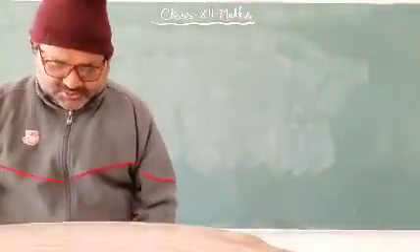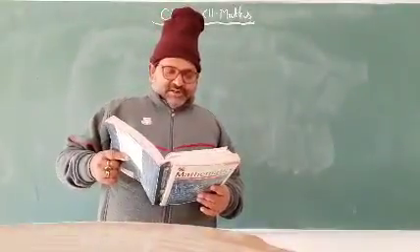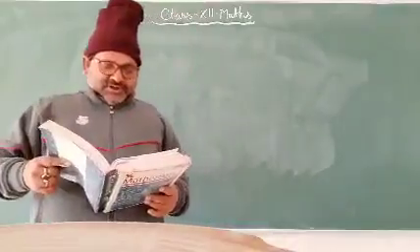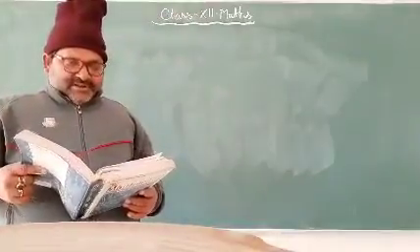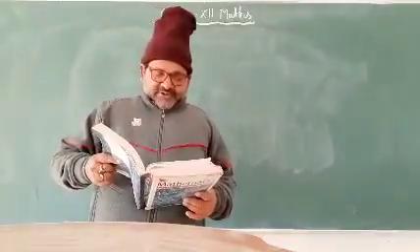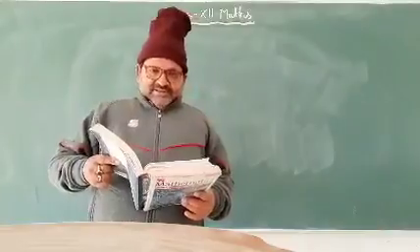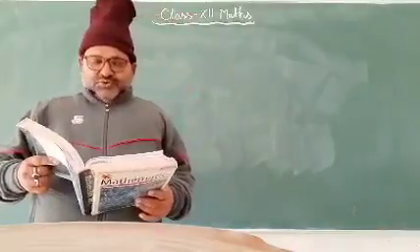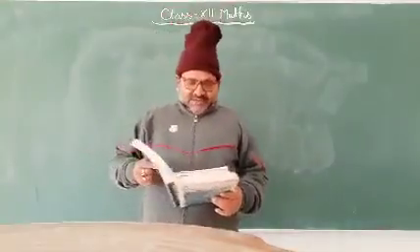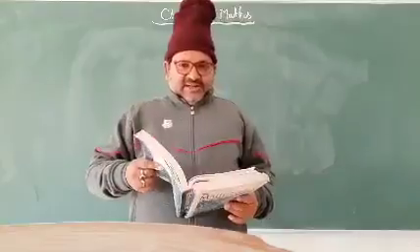Question number 2. Find a unit vector perpendicular to each of the vectors A plus B and A minus B, where vector A equals 3i plus 2j plus 2k, and vector B equals i plus 2j minus 2k.